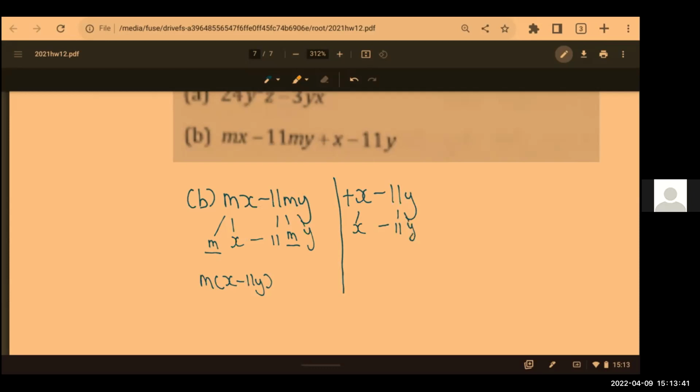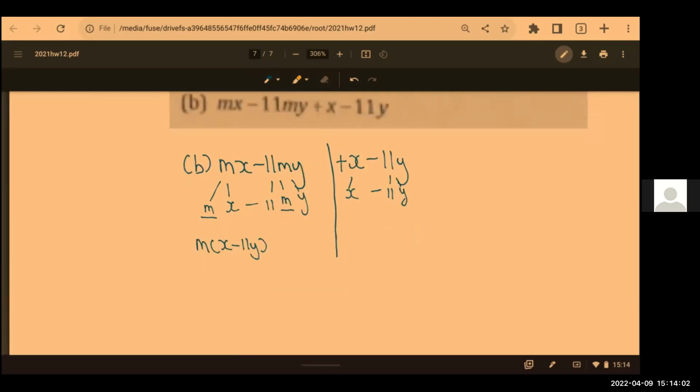So right hand side, you try to split your right hand side. Anything in common? No? Then okay. If there is nothing in common, you don't force it. Combine the left hand side, combine the right hand side, then go ahead. I think you should be able to see something familiar.